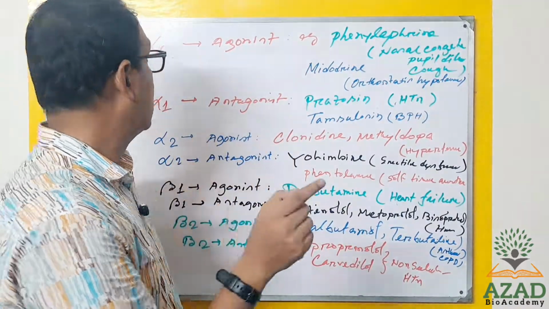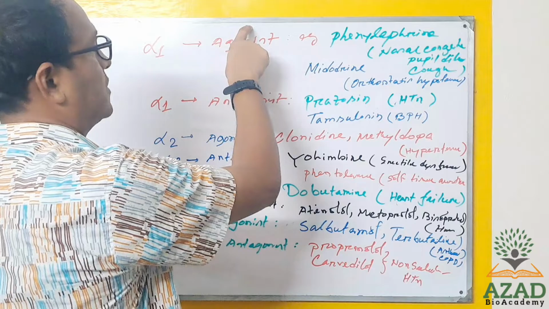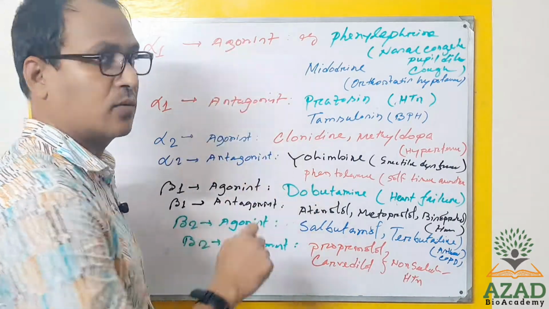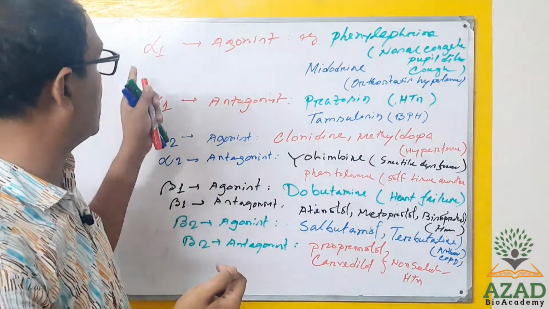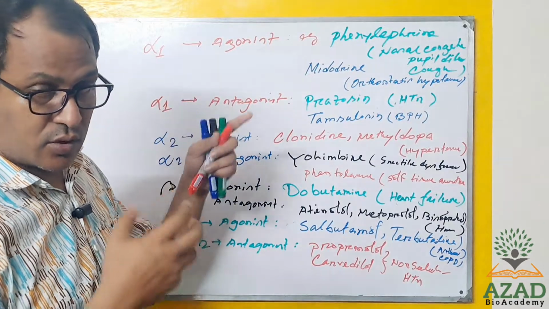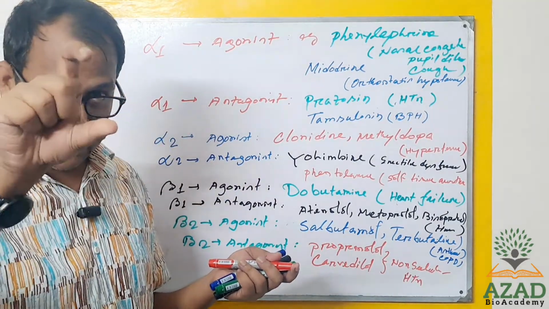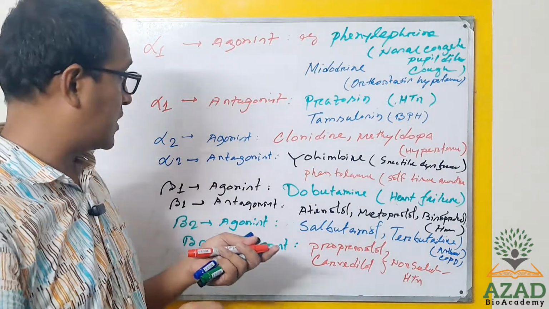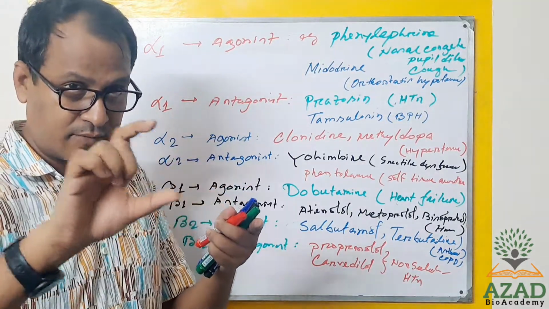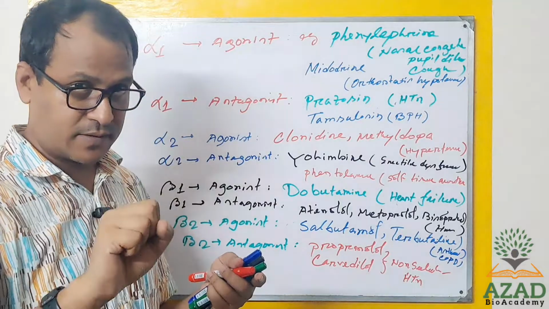First of all, this is alpha 1 agonist. So alpha 1 agonist, already I said alpha 1 is very much rich in your blood vessel throughout the body, basically arterial and sphincter region. Okay, to regulate the blood flow, that will contract the blood vessel. Already I discussed.